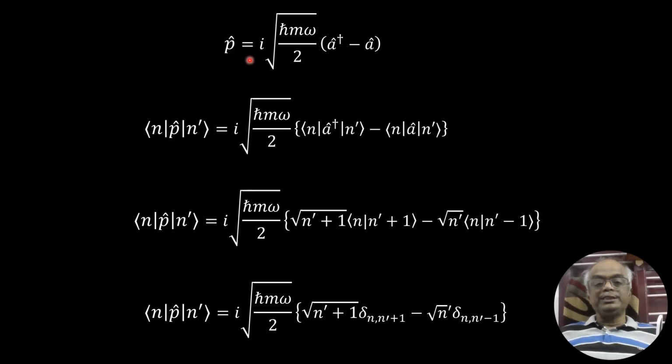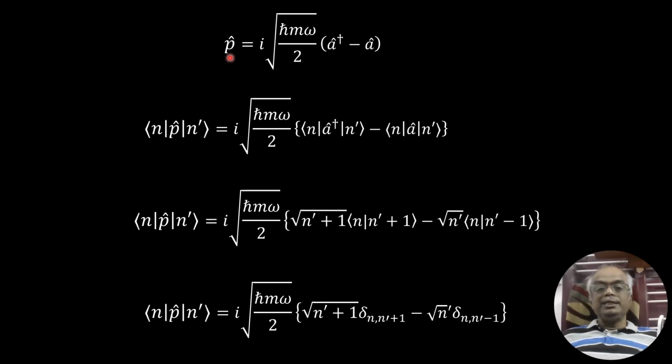Similarly, you do the same for operator P. By definition, operator P is equal to i times square root of h cross m omega over 2, times a dagger minus a. So the expectation value of P is the inner product of n with P and n prime, which will be equal to, taking this as common, i square root of h cross m omega by 2, and it can be separated into two parts: ⟨n|a dagger|n′⟩ minus ⟨n|a|n′⟩.